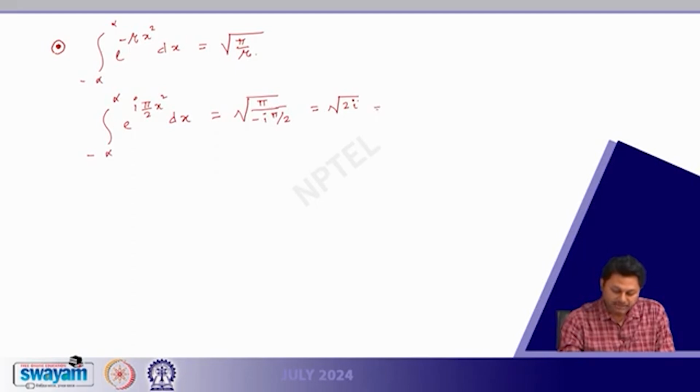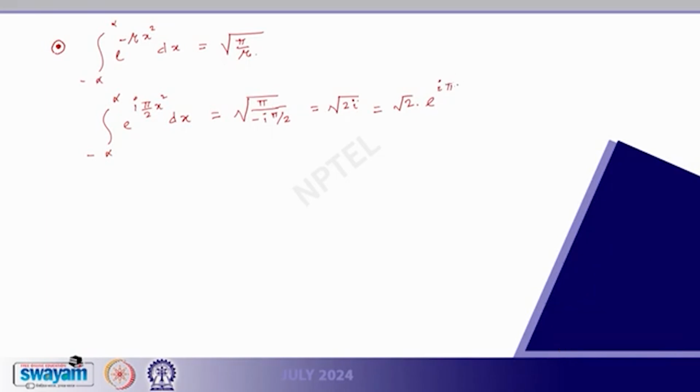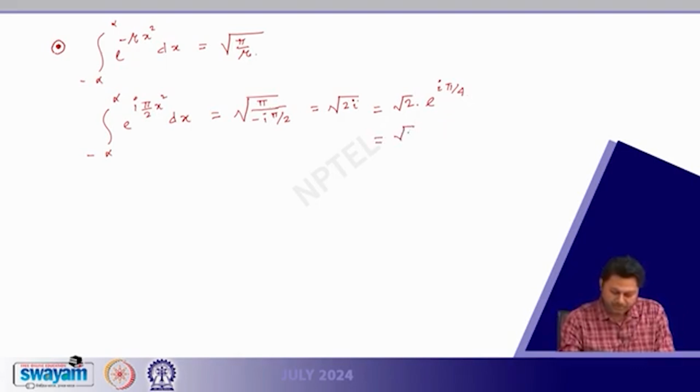Now root over 2i is root 2 times e to the power of i pi by 4, which is root 2 times 1 over root 2 times 1 plus i, so essentially 1 plus i.